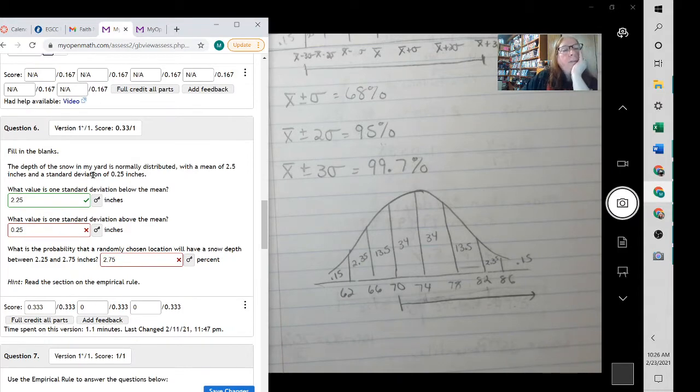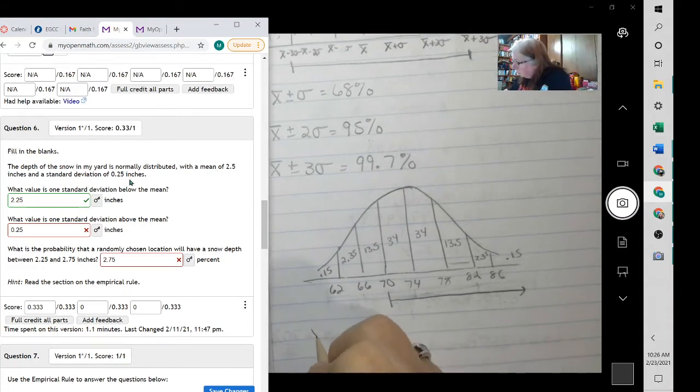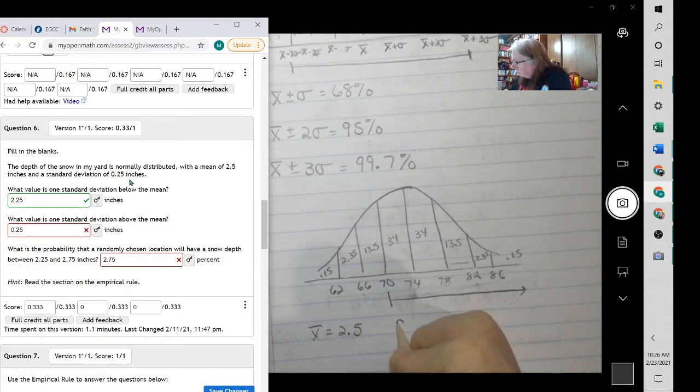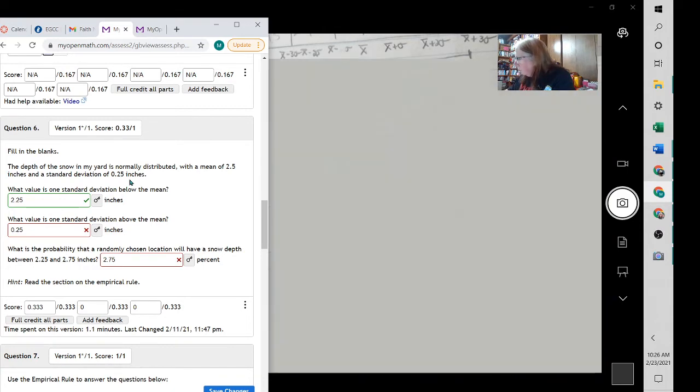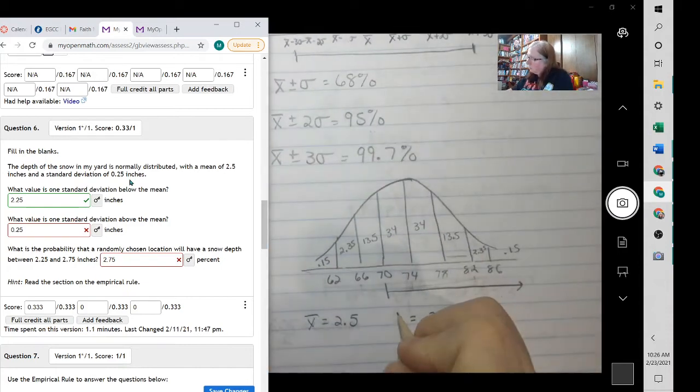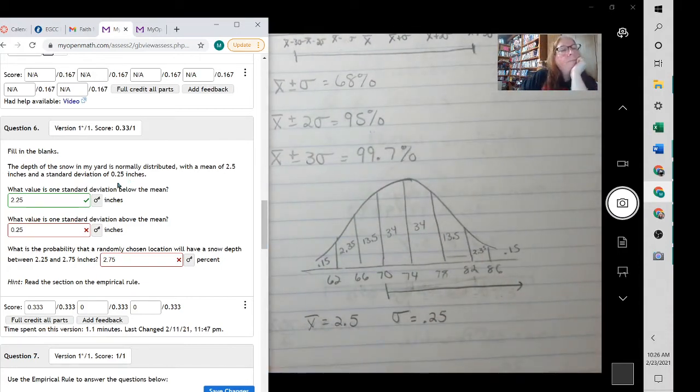The depth of snow in my yard is normally distributed with a mean of 2.5 inches and a standard deviation of a quarter. What is the value 1 standard deviation below the mean?